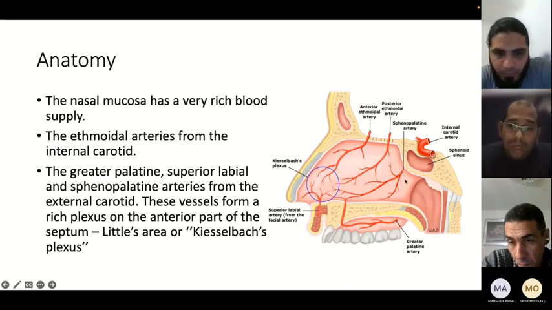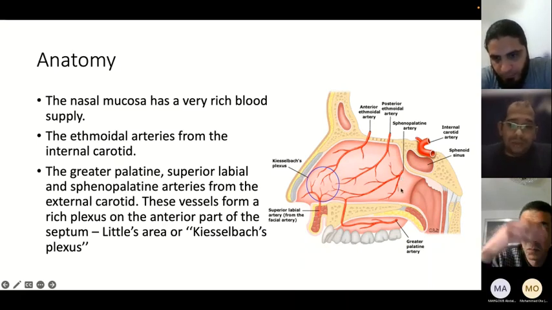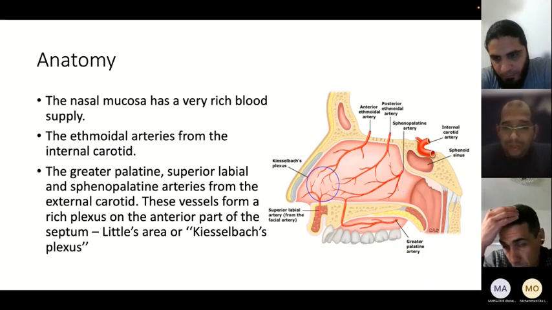When we ligate this artery, in most probably 90% of the cases, the bleeding will stop. So we access this artery endoscopically through the nose, elevate the mucosal flap, identify the artery and its branches, and clip this artery inside the nose, and that's it. Most of the cases will be controlled, and it is very effective and less invasive than other options.